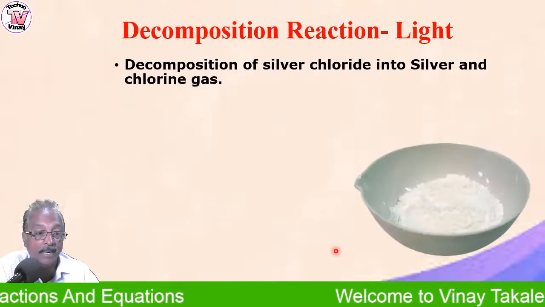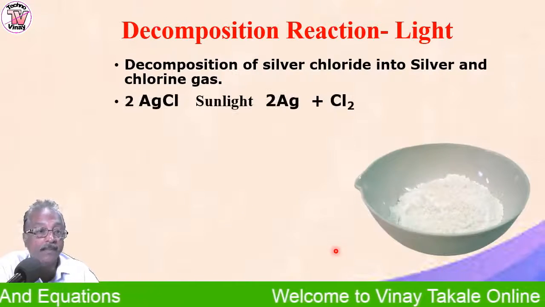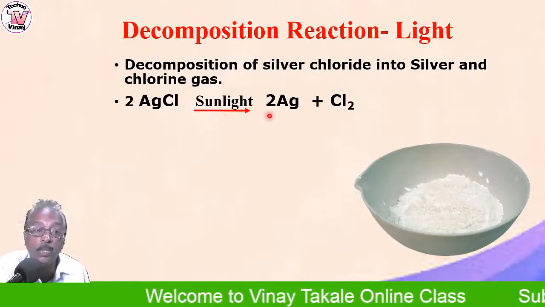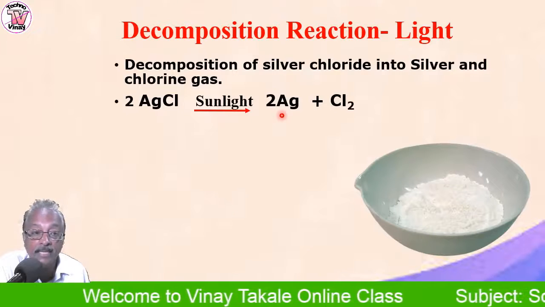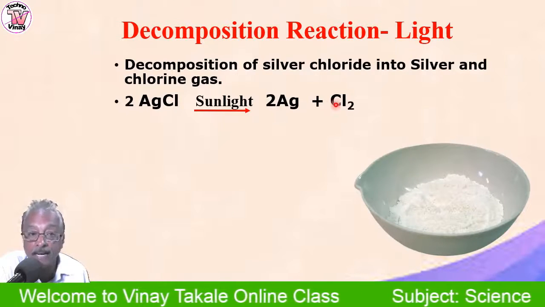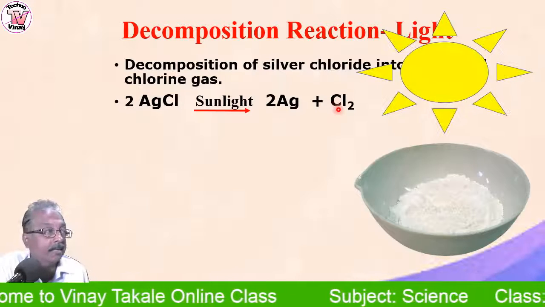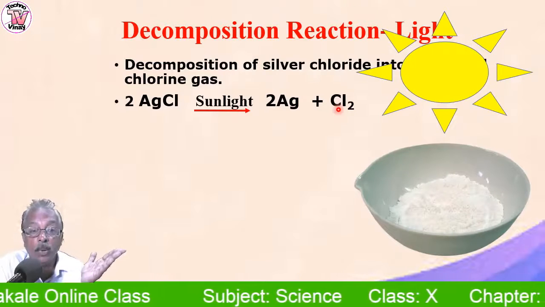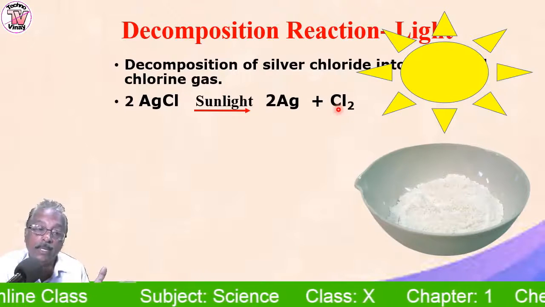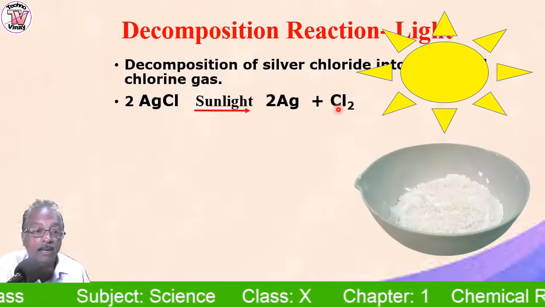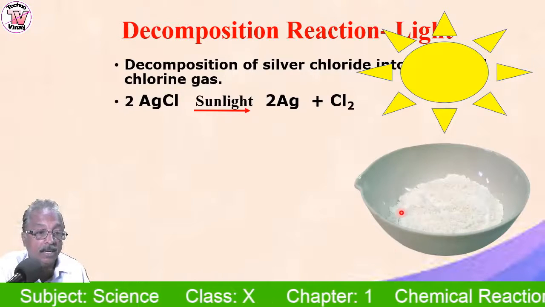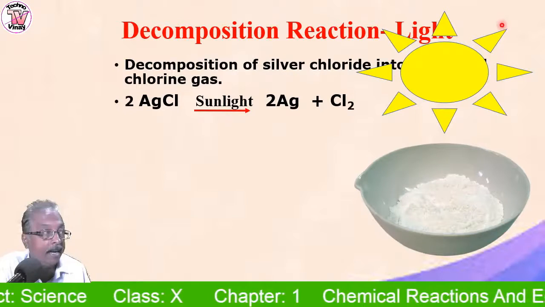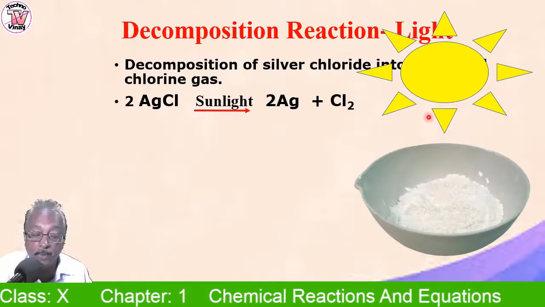When you keep it in sunlight, or if it is exposed to sunlight, this silver chloride will undergo decomposition to form silver, Ag, which is black in color, and it will give out chlorine gas. This is silver chloride, AgCl, and if it is kept open in sunlight, it will undergo decomposition.